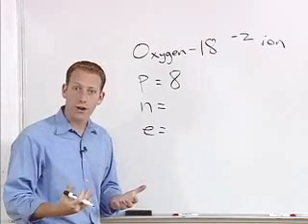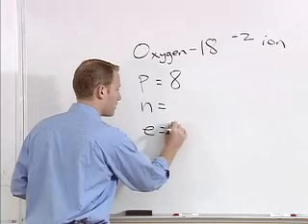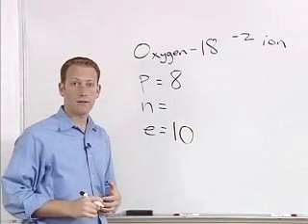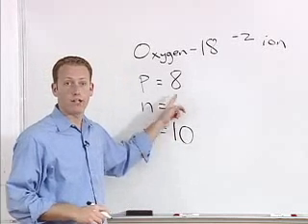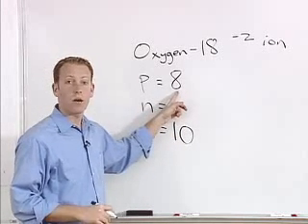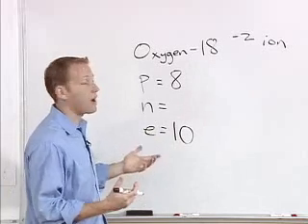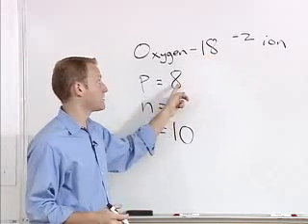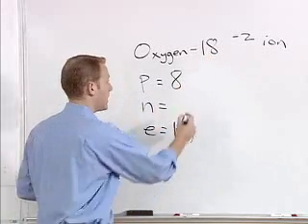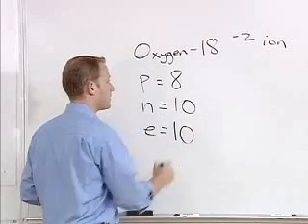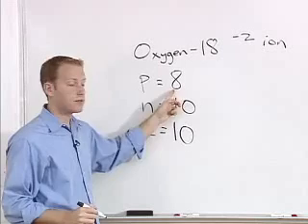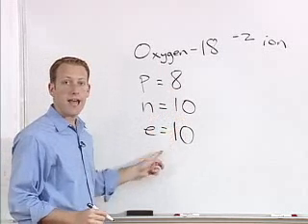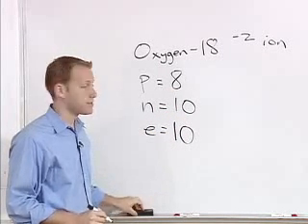Therefore, the number of electrons has to equal 10, because there are 2 more negatives than positives. And neutrons: mass number minus atomic number, 18 minus 8, is 10. So in this case, oxygen-18 negative 2 has 8 protons, 10 neutrons, and 10 electrons.